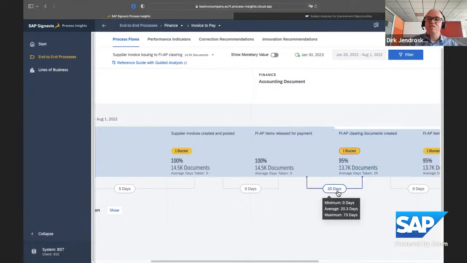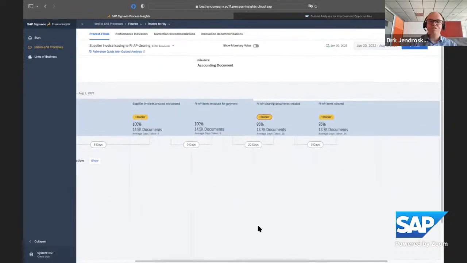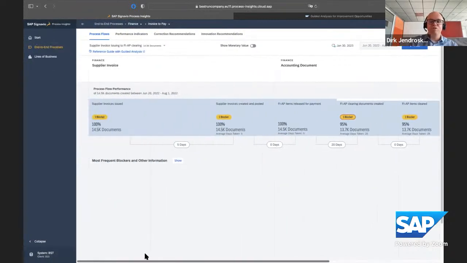Hovering over tells us some of them are very fast, 0 days, and some of them take very long, 73 days. So we already have a good overview about the process. It doesn't seem to be perfect, but it seems already being a quite okay process when it comes to the flow.